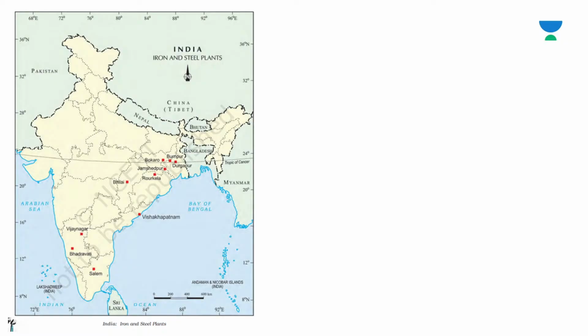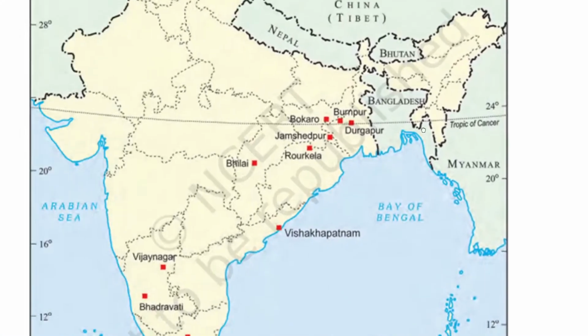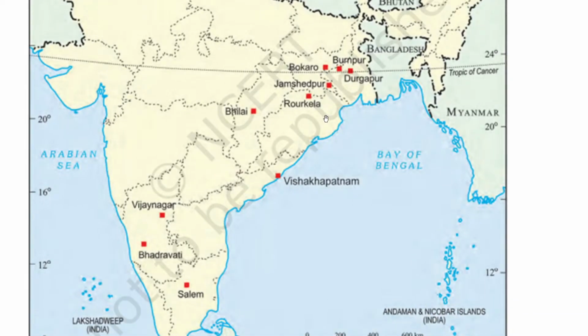The iron and steel plants start from the eastern part, that is Burnpur, Durgapur, Bokaro, Jamshedpur, then Rourkela, Bhilai, Vishakhapatnam, Vijayanagar, Bhadravati, Salem.